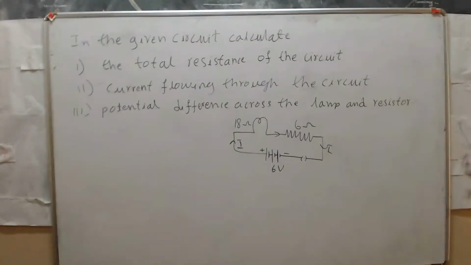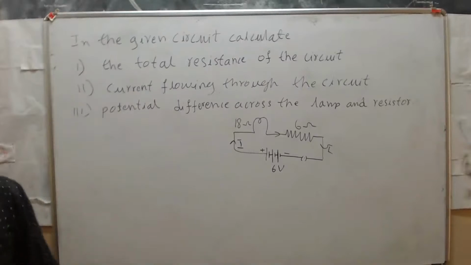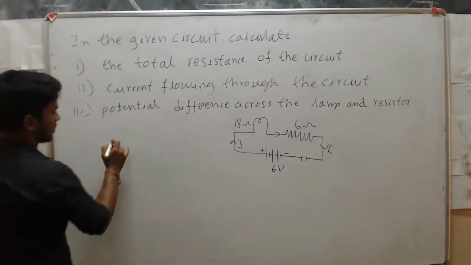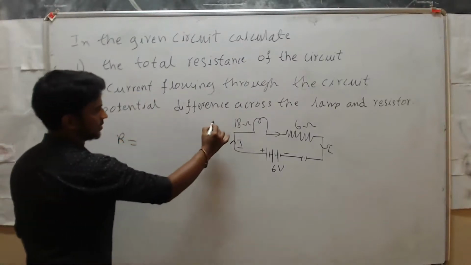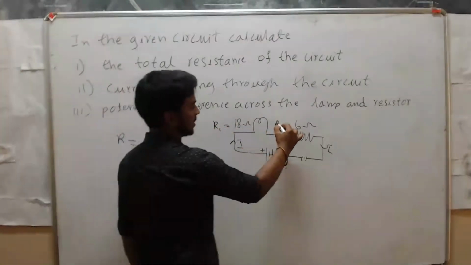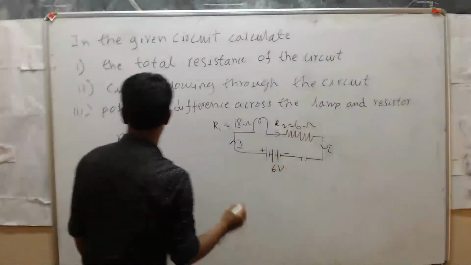Yes, R equal to 24 ohm. What is the total resistance? That is 18 plus 6, that is 24. Then current I equal to V by R. Now see here, take this as R1 and this as R2.